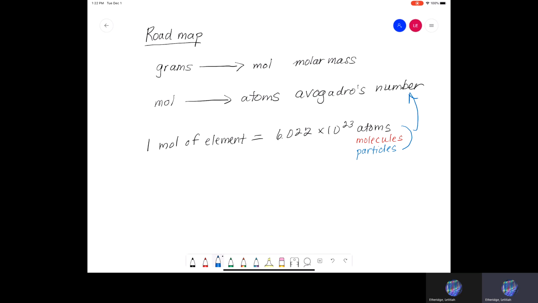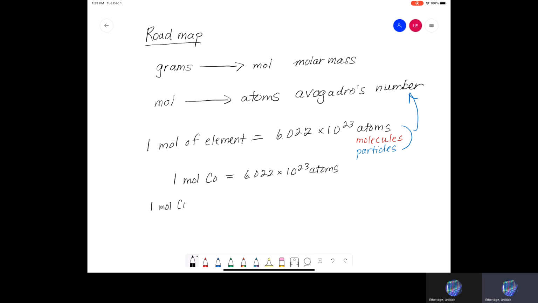So let's use the same example that we just had. We were talking about cobalt. So 1 mole of cobalt equals 6.022 times 10 to the 23rd atoms. Let's write that like we did before, like a conversion factor.